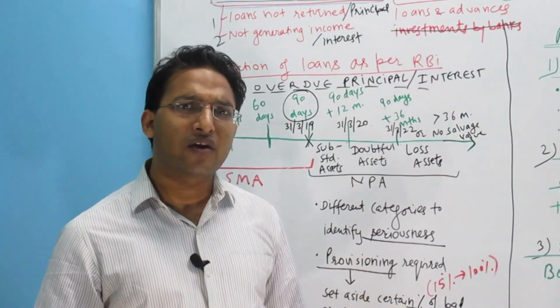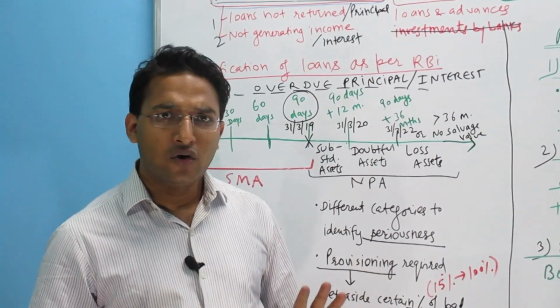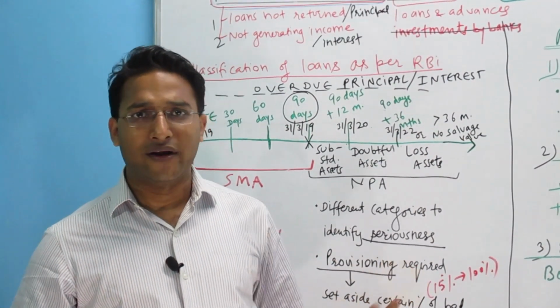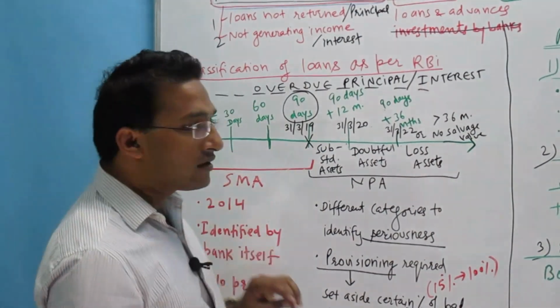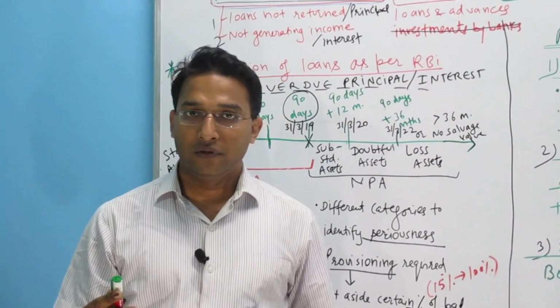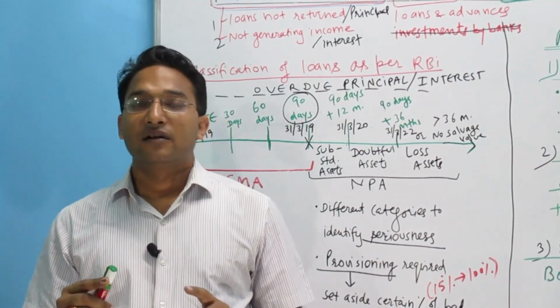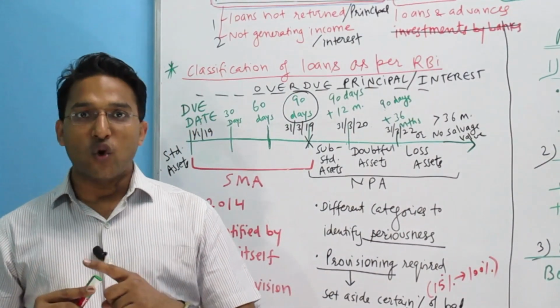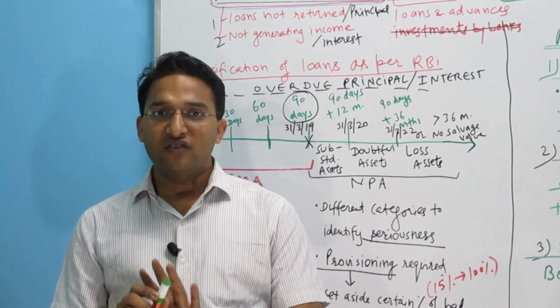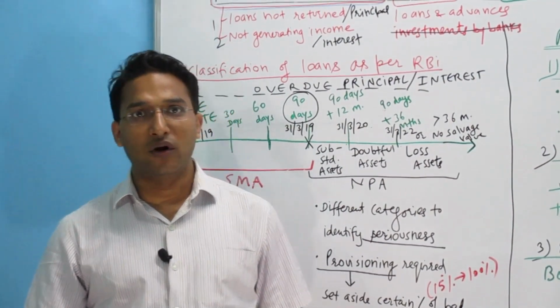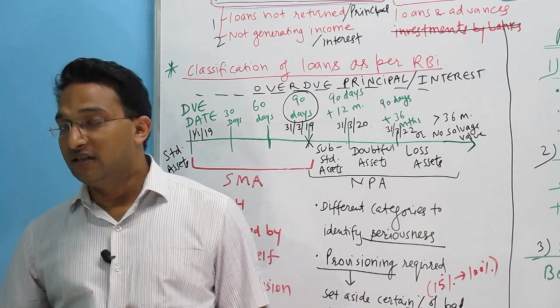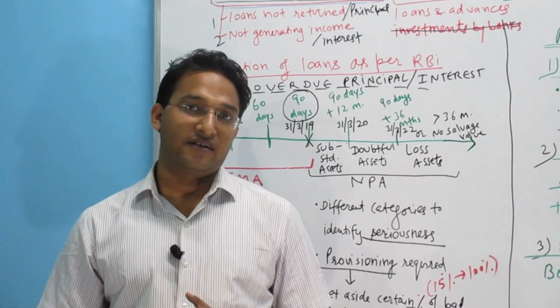So is there any other alternative name given to this loan, or does this become a normal loan account? So friends, I want to tell you that till 2014, RBI said that when the account remains overdue up to 90 days, this will be simply called a standard asset. This is not an NPA, this is a standard asset.